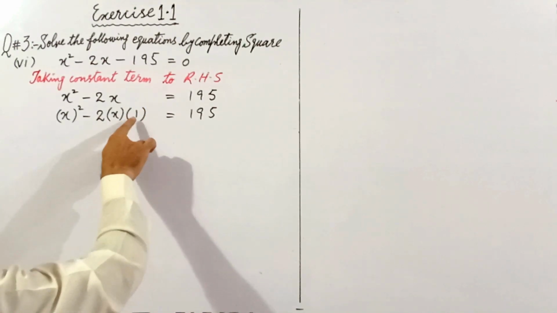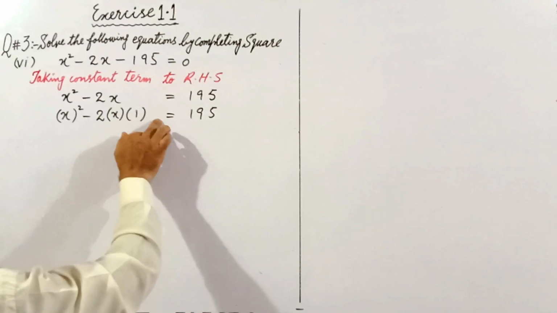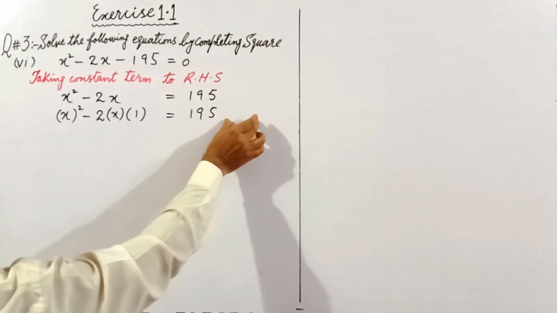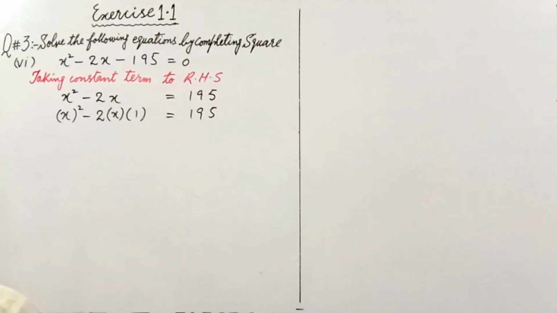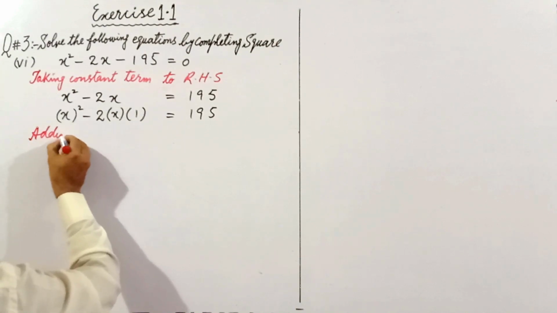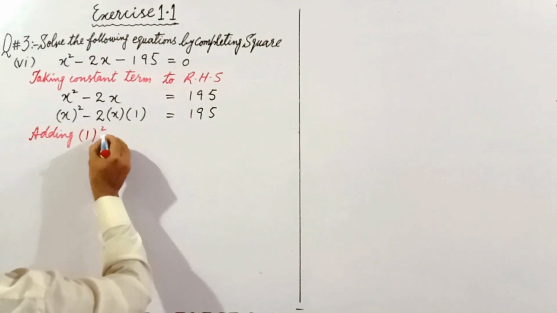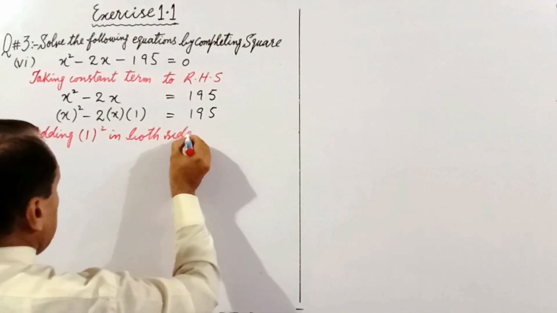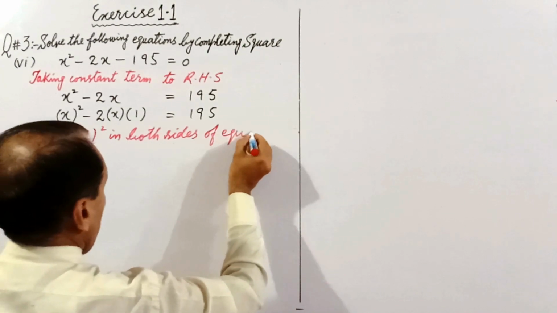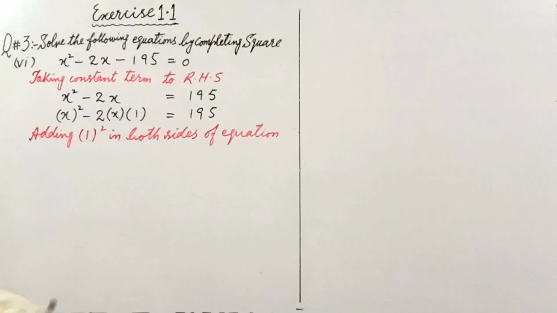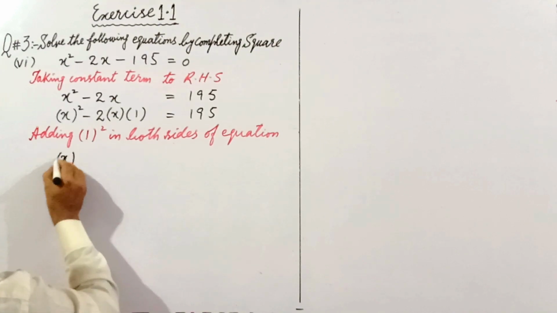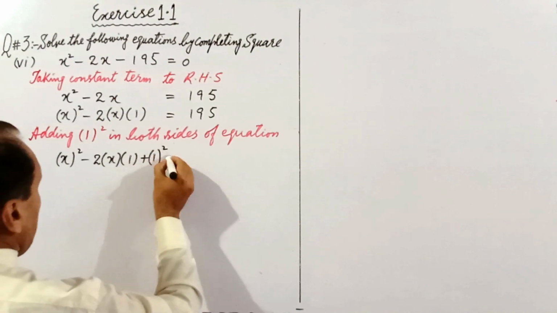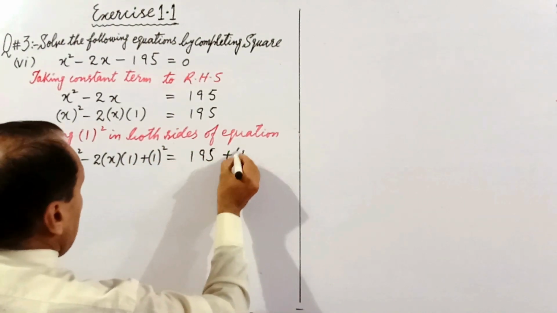So if we add the square of 1 in the left hand side, the expression will be a perfect square, but we have to add this same value on the right hand side as well to follow the condition of equation. So by adding square of 1 in both sides of equation, we have x square minus 2 into x into 1 plus 1 square is equal to 195 plus 1 square.